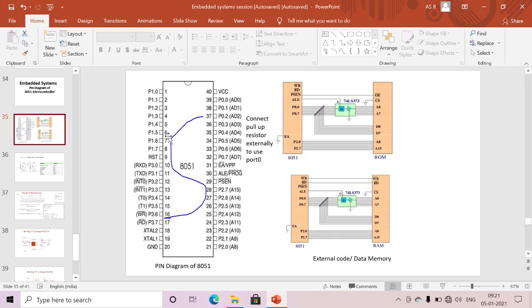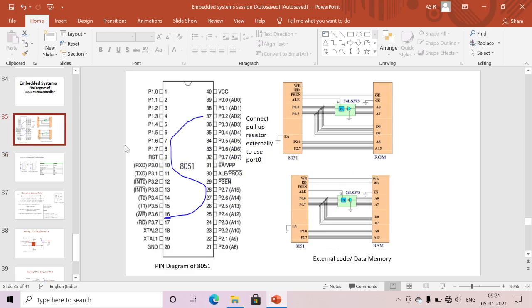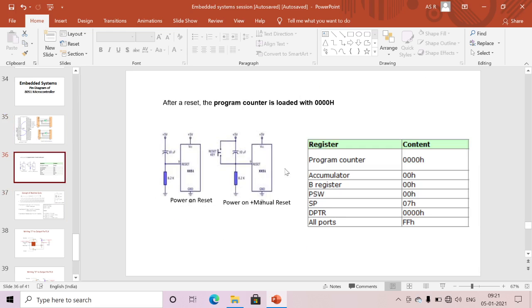Totally 8 ones means each pin has VCC, 5 volts. Logic one means 5 volts. That's why all 32 pins have logic FF. Initially all the LEDs will be turned on if I connect them. Initially all the ports are FF.